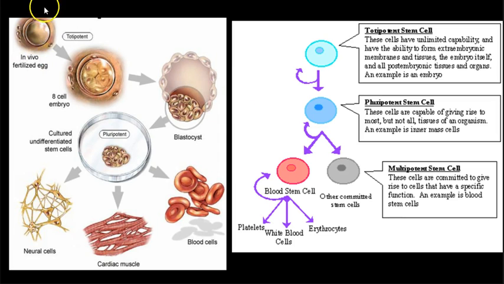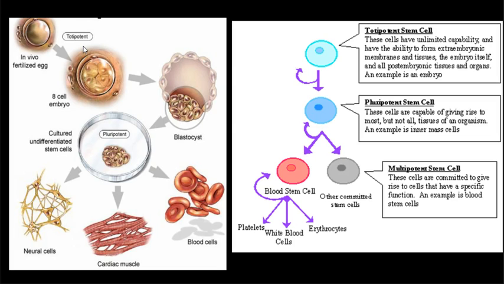So we start out with our zygote, and the zygote is what we call totipotent because it can divide into not just the embryonic cells, but it can also form things like the placenta, okay, and stuff like that. So these extra embryonic types of membranes and tissues. Okay, that's what totipotent means.